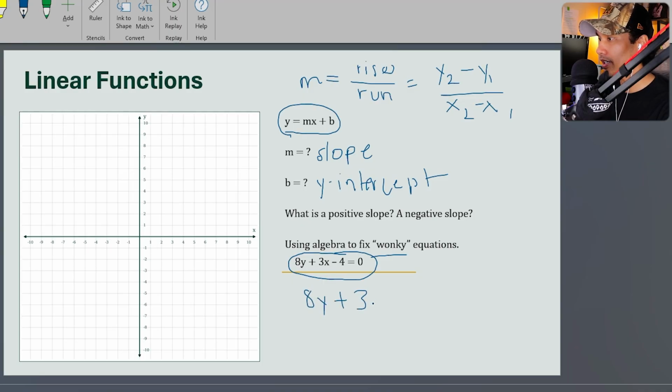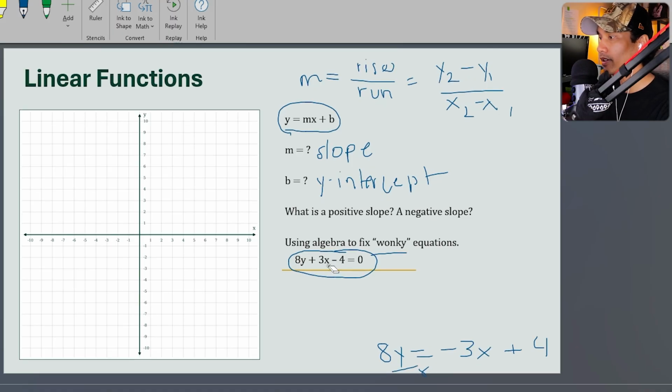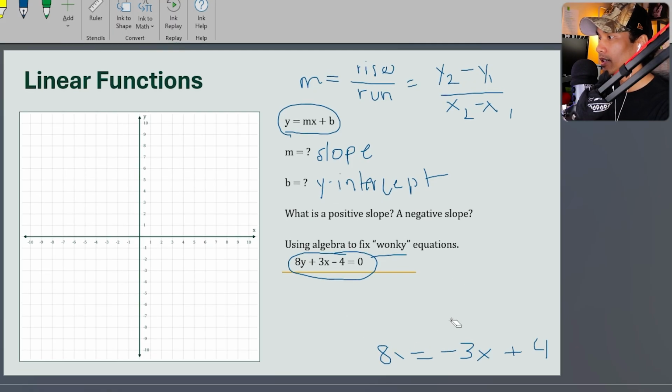8y plus 3x minus 4 equaling 0. Well, I will plus 4, and I will minus 3x. And I'm going to get 8y equals minus 3x plus 4. I'm going to divide by 8. I don't like writing outside, so let me just rewrite everything again.